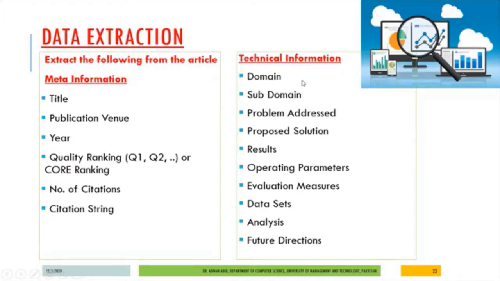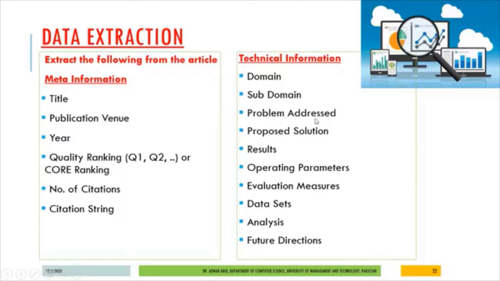This actually helps us in finding different application areas which are being influenced or being researched in a given broader umbrella. And this actually helps us formulating a taxonomy of the research being done in a given area.